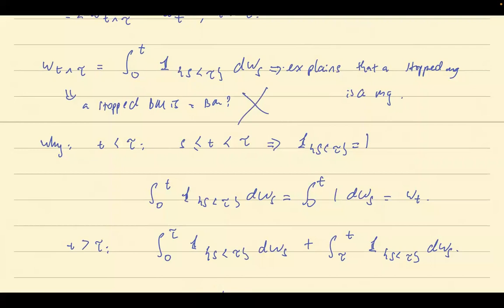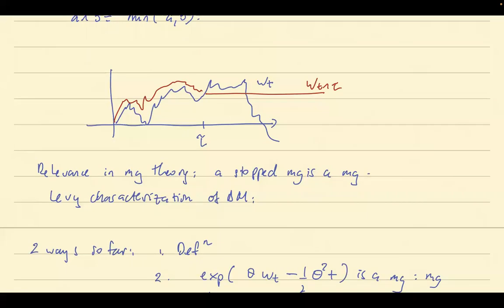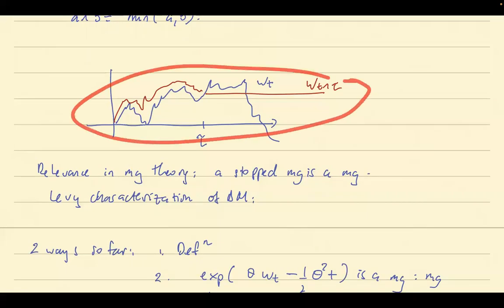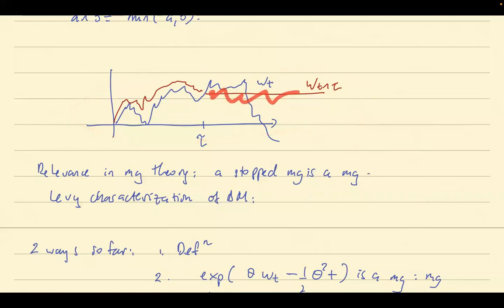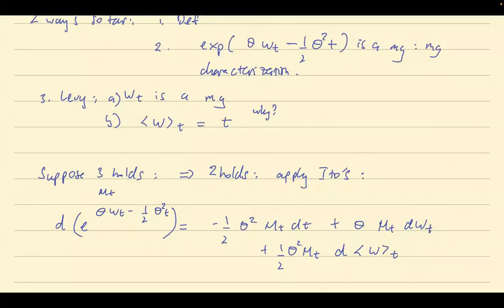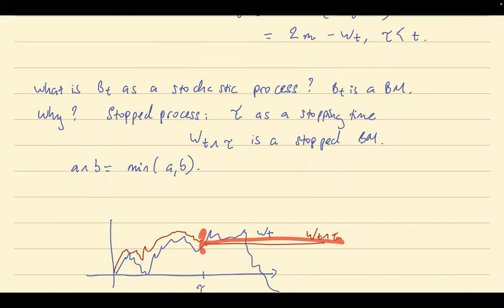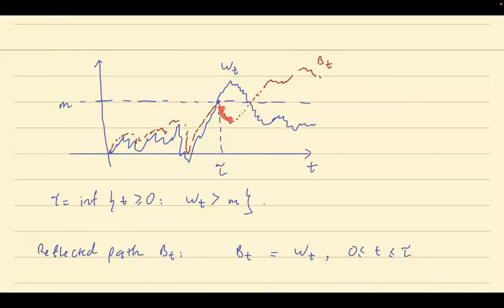Exactly. If you look at the picture, the picture also confirms. Does the red path look like a Brownian motion? Obviously not, because a Brownian motion has to be nowhere differentiable. A horizontal line is very, very differentiable. So you see that b tau, this is why you cannot just stop after this time. You have to reflect it to get some interesting action out of it.